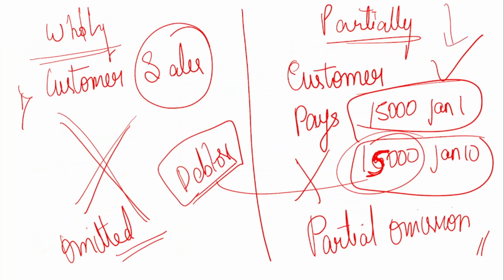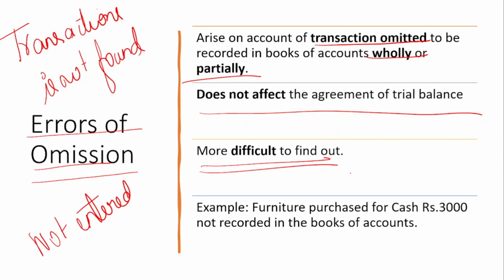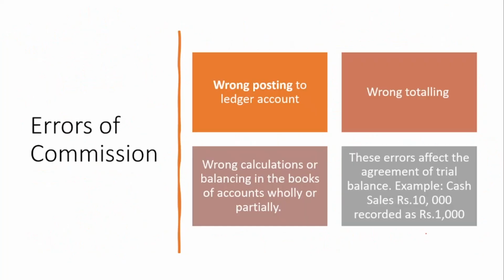In this case, the customer is happy that he has cleared the amount, but the company has not received it, so it is very difficult to know whether the customer has paid or not. So it is very difficult to find out the error of omission. Example: furniture purchased for cash 3,000 and not recorded in the books of accounts. Same example.